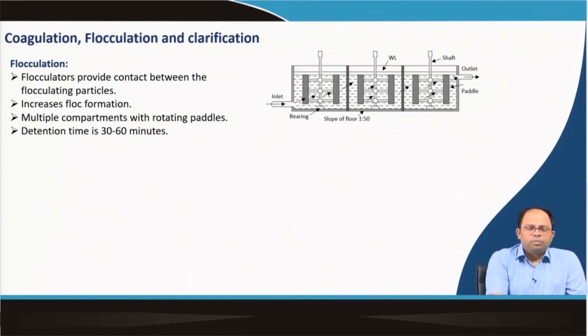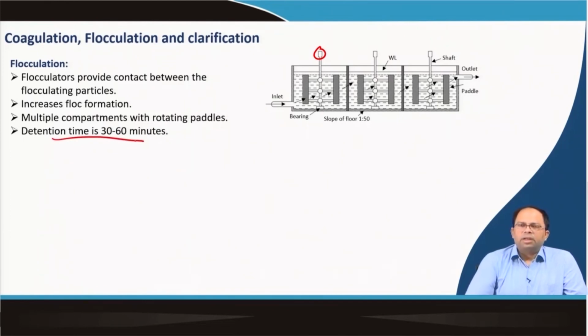Flocculators provide contact between the flocculating particles and increase flock formation because more particles come and join together. It has multiple compartments with rotating paddles. These are motors which help in rotating the paddles, which keep churning the water and help in further mixing. Over here the detention time is 30 to 60 minutes.